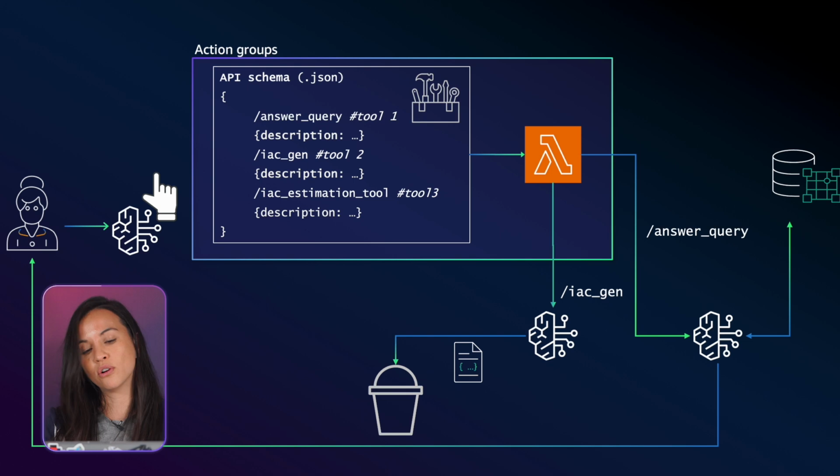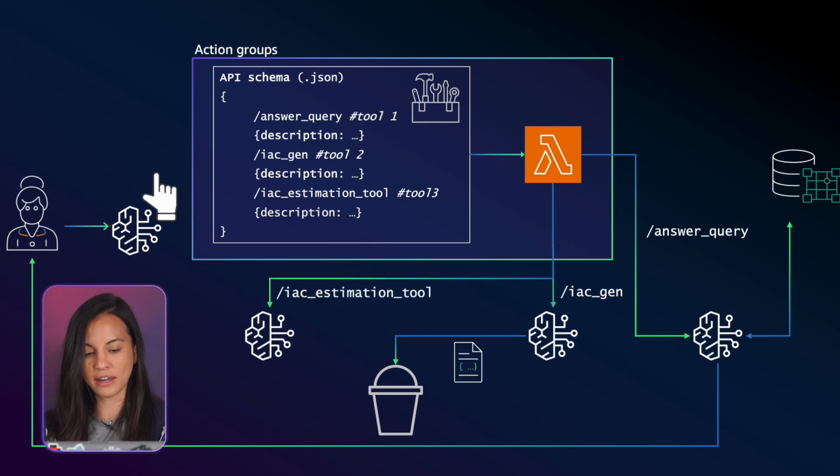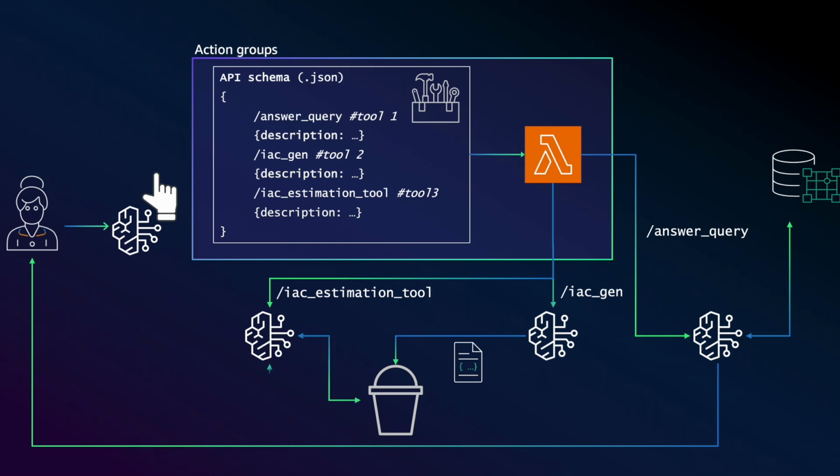And if you ask it a question about the estimation of a cost of an architecture, then you put this in the description, and the LLM will be able to know that it needs to use that function to estimate the cost of an infrastructure. And we'll see in detail how it works in the code. So let's dive into the code now.